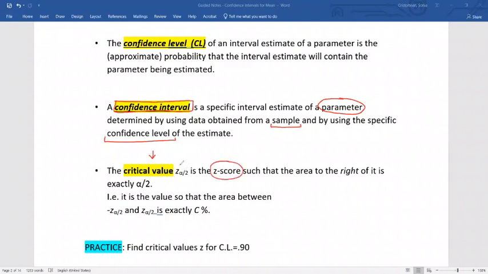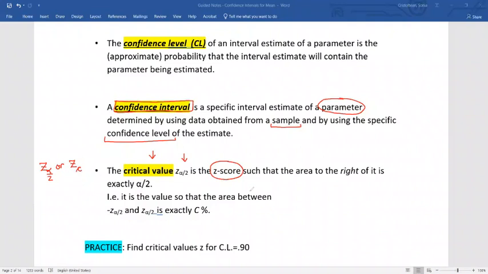The notation for a critical value can be this one, which seems weird to you at this point, or I have a better, easier version. I'll give you both options. So z with subscript alpha over 2, or z with subscript c, from critical. You will see both of these notations. I will use z_c a lot because for me it's easier.